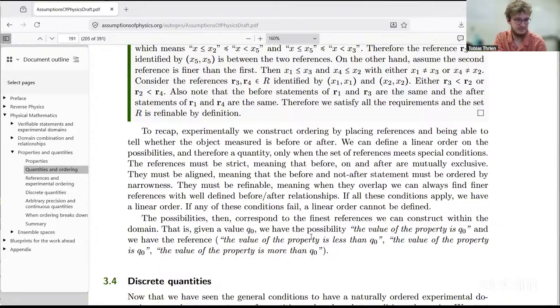So characterizing the reals as an ordering is much more basic and much more fundamental than characterizing them as a field. And when we do things like coordinates in physics, we are really characterizing the reals as an ordering, not as a field, because otherwise we wouldn't allow nonlinear change of coordinates. Yeah.